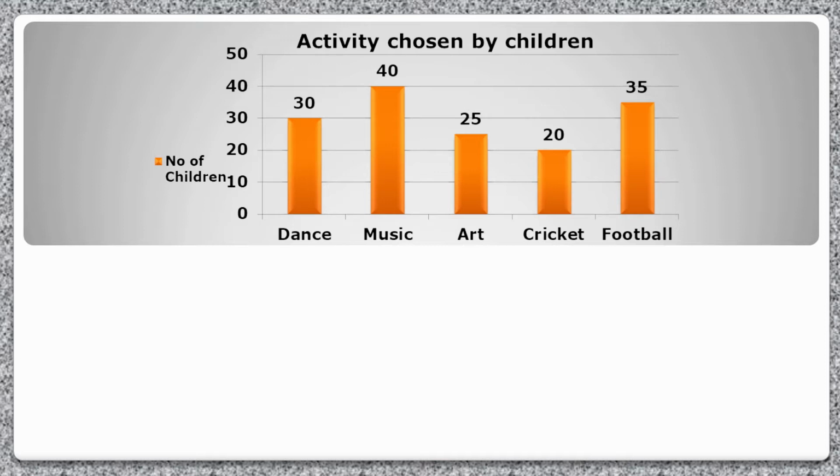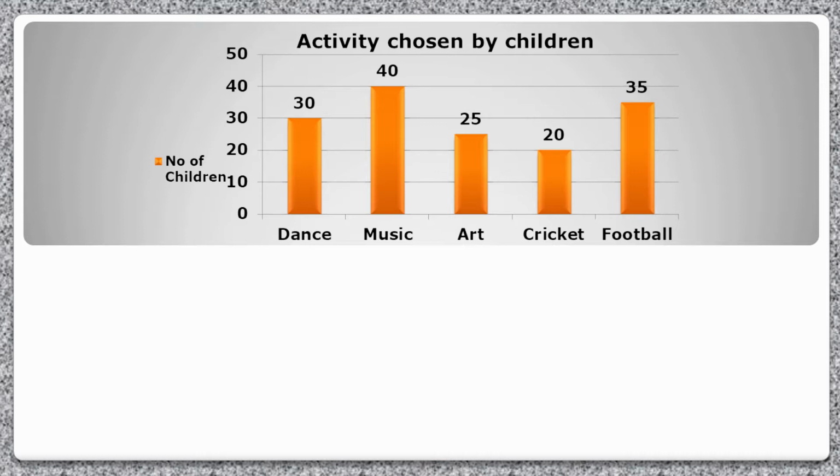The vertical line shows a number of children like 0, 10, 20, 30, 40, and 50. The value of each data item is shown by a bar.